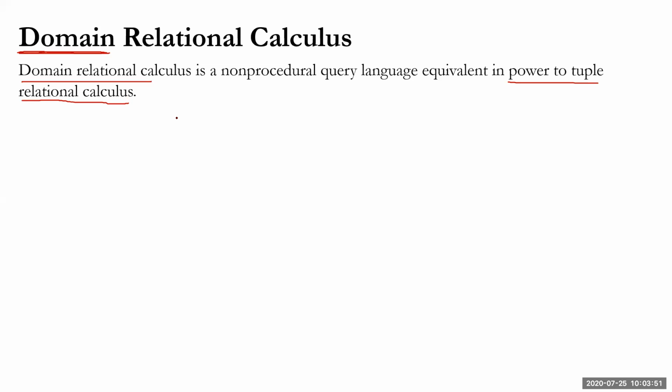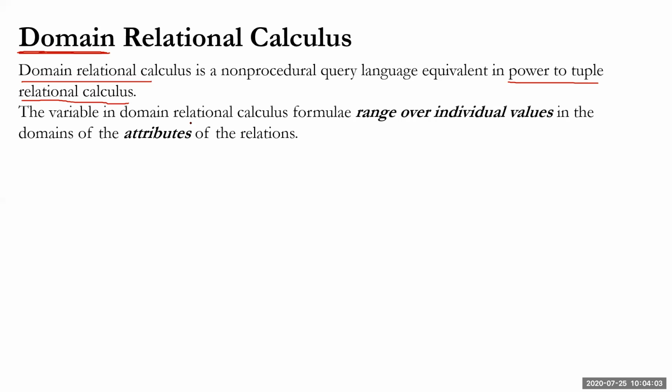In domain relational calculus, each variable represents one attribute of that particular relation. That is the only difference here. So the range over individual values in domain relational calculus will always be the attributes.